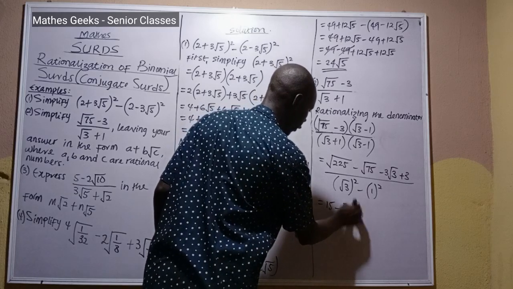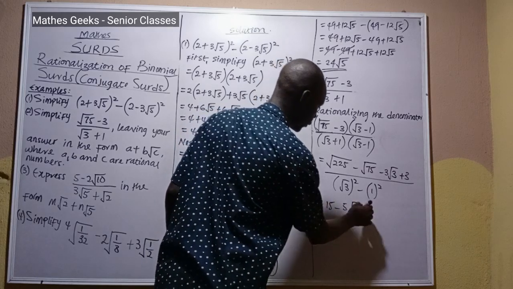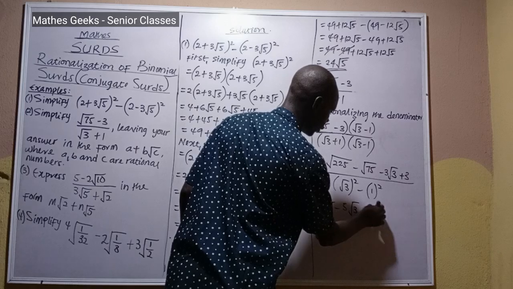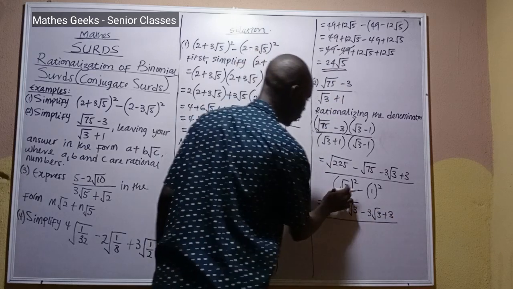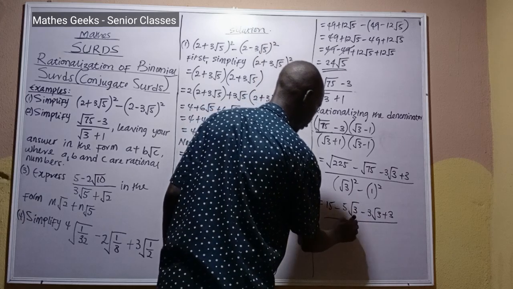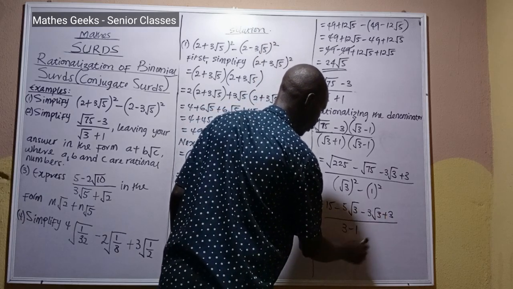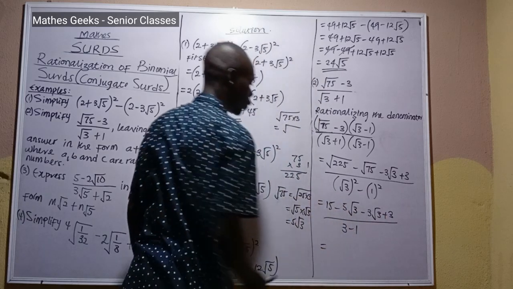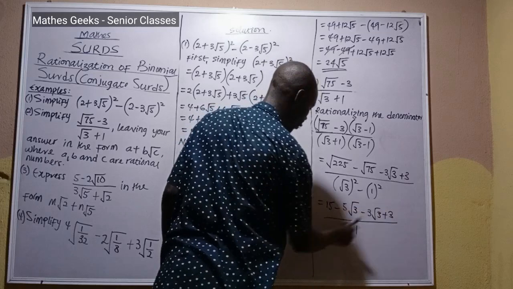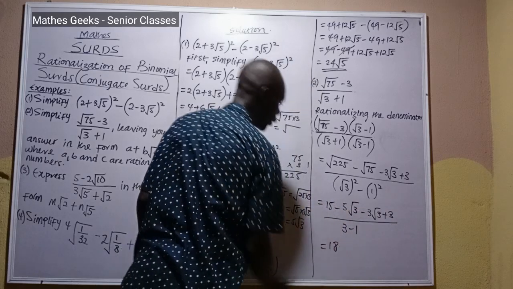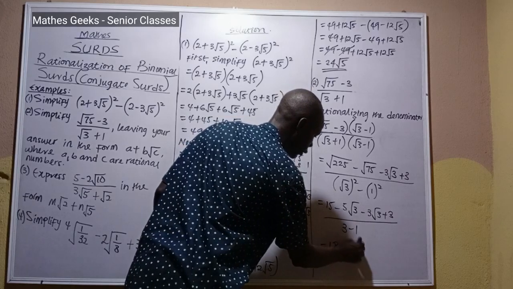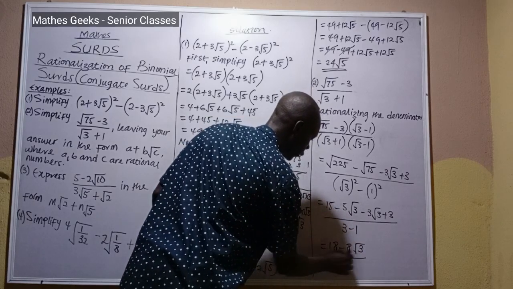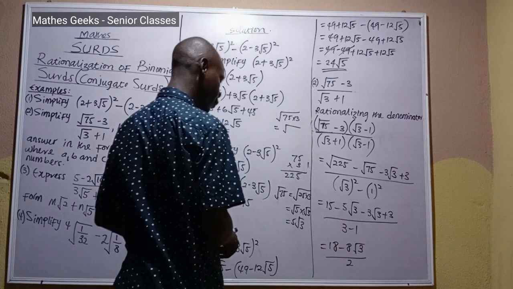minus 5 root 3 minus 3 root 3 plus 3 over root 3 squared, which gives us 3, minus 1 squared, which is 1. So 15 plus 3 is equal to 18. Minus 5 root 3 minus 3 root 3 gives us minus 8 root 3, over 2.